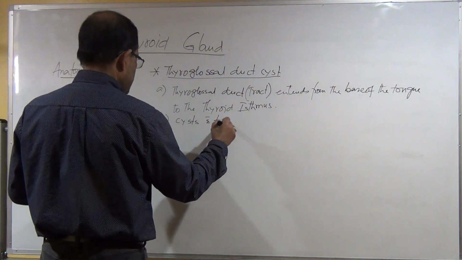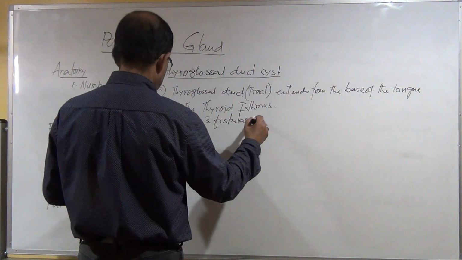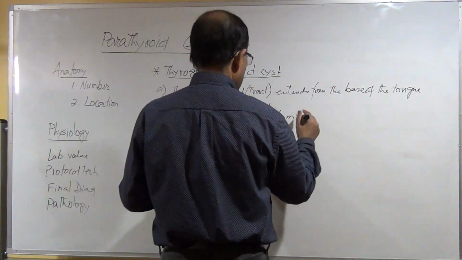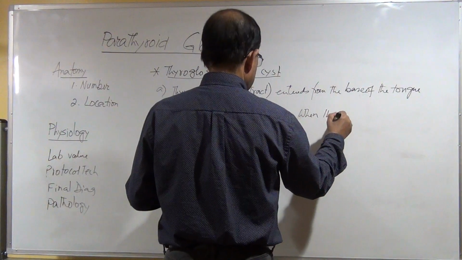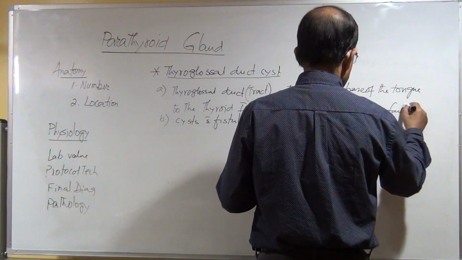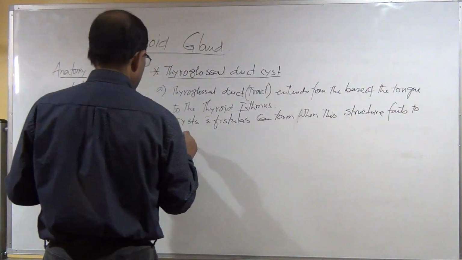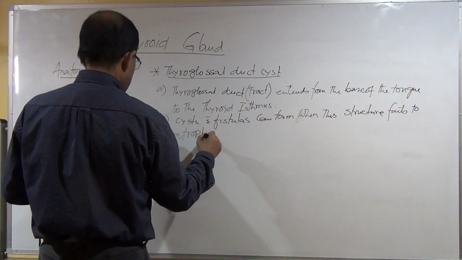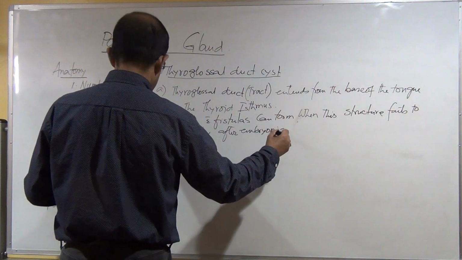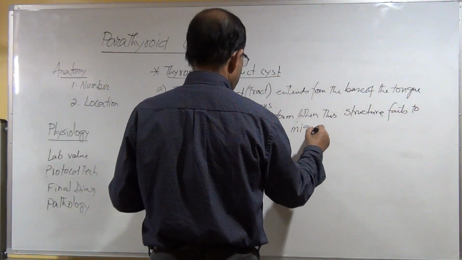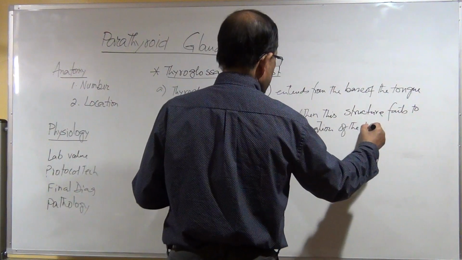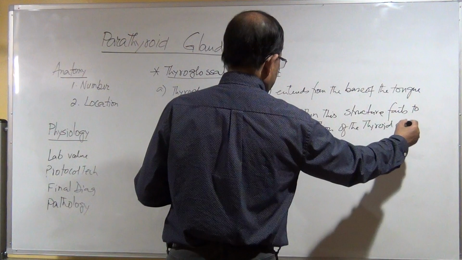Cyst and fistula can form when this structure fails to atrophy after embryonic migration of the thyroid gland.